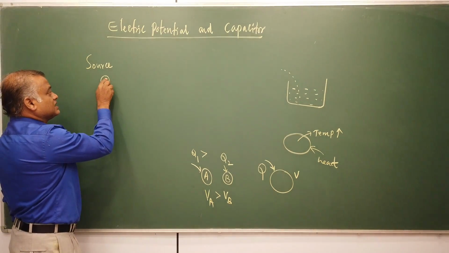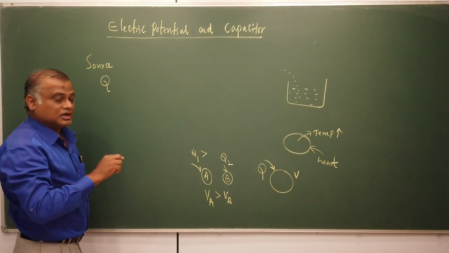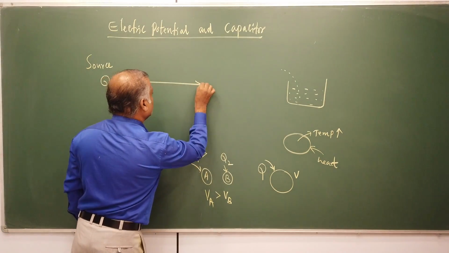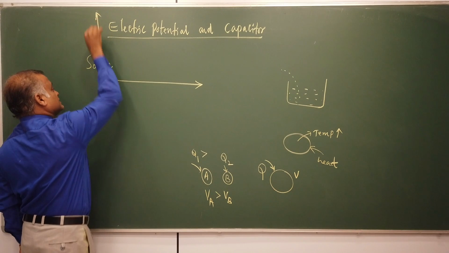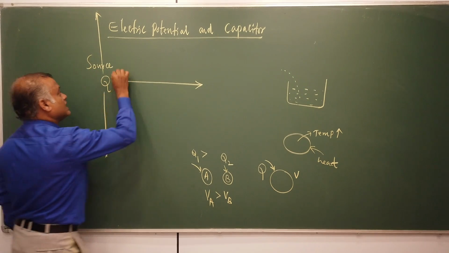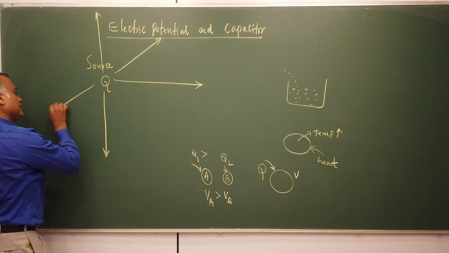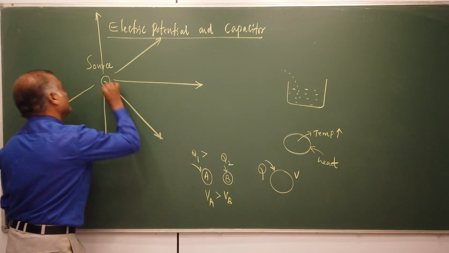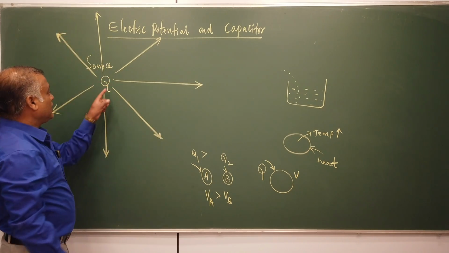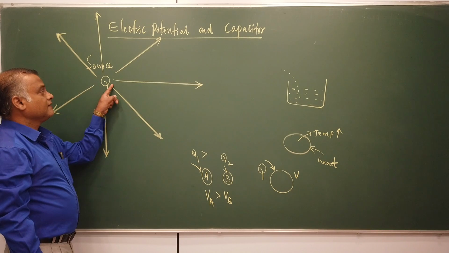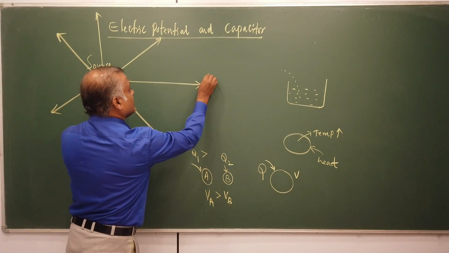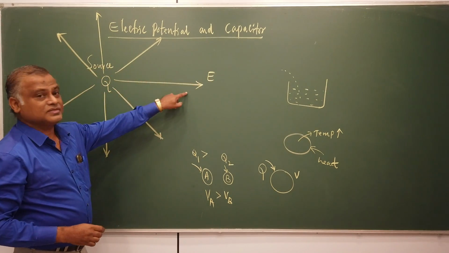If I take this charge as positive, you will have field lines which are radially outward. For a positive charge, electric field lines are away from the charge.